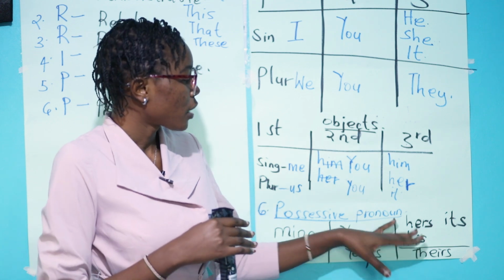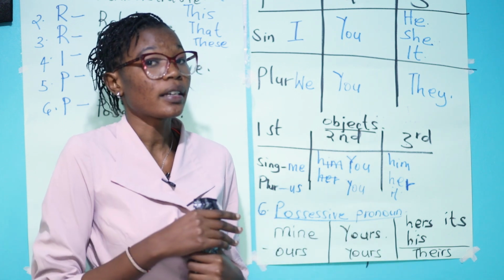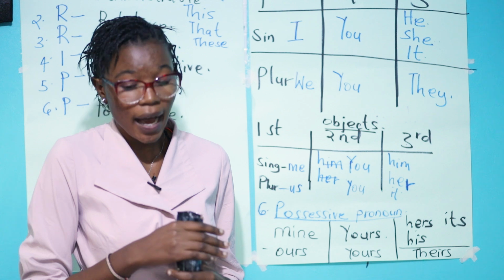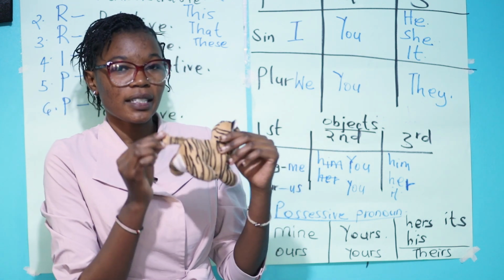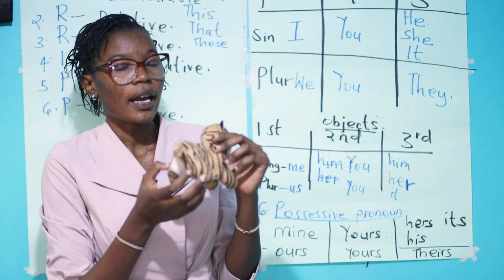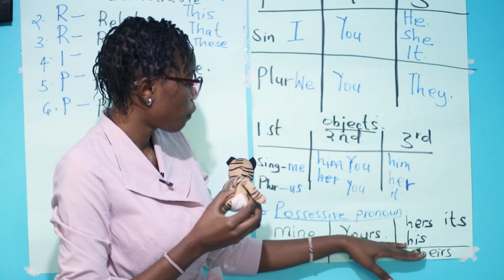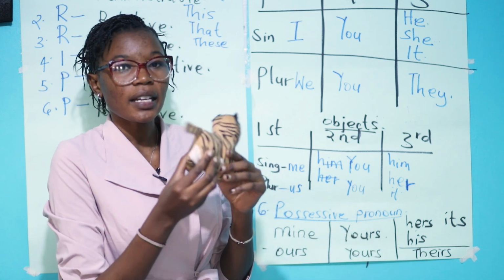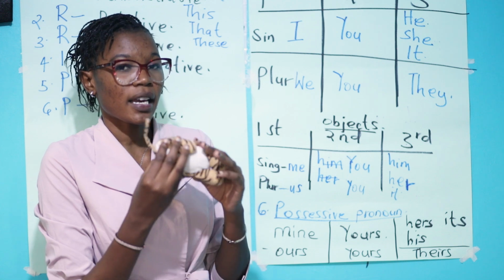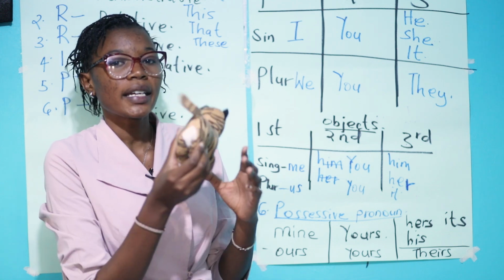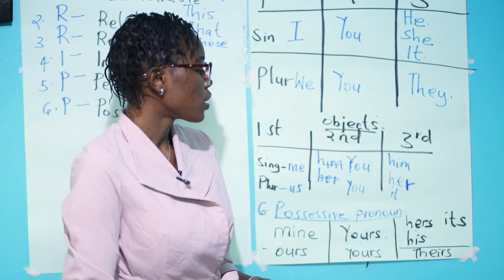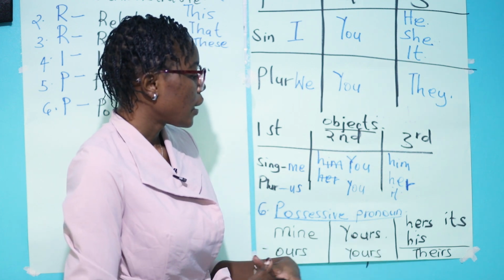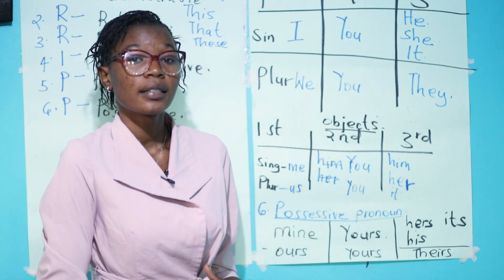If it belongs to her, the packet of biscuit is hers. In another example, the tail belongs to it. In its possessive pronoun, I will say, the tail is its, or its tail is waggling. And in its plural form, we'll say, the tail is theirs.